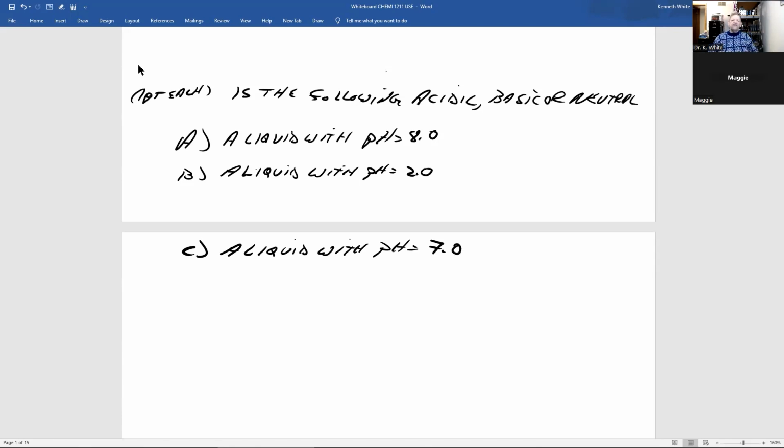All right, is the following acidic, basic, or neutral? A liquid with a pH of 8. Well, what is that? Well, you should know the pH scale goes from 0 to 14. 7 is neutral. Below 7 is acidic.